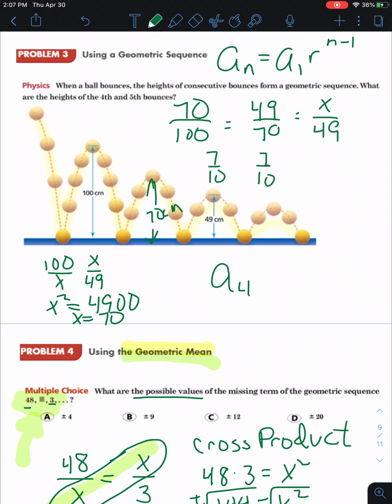So for the fourth bounce, the first bounce was 100 times, we just found that r was 7/10, to the 4 minus 1, which would be to the third power, and that's going to end up giving me 34.3. Okay, and that would be centimeters. So that would be this mark in here.